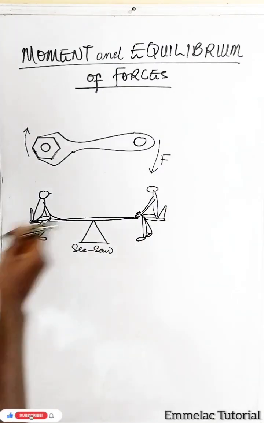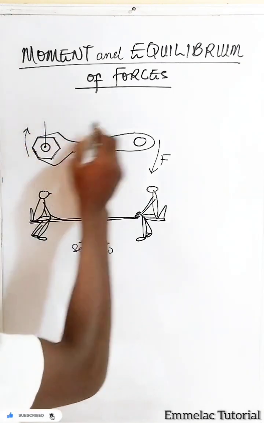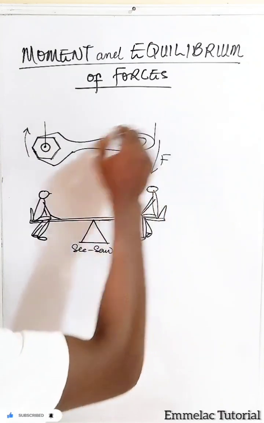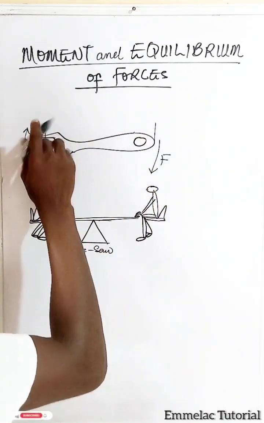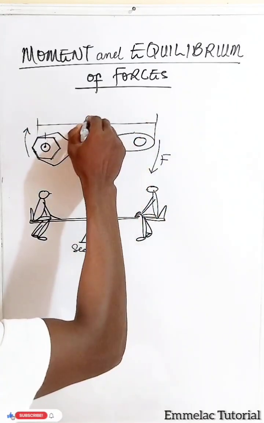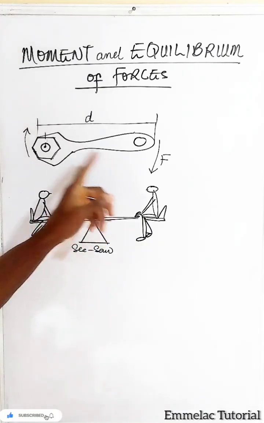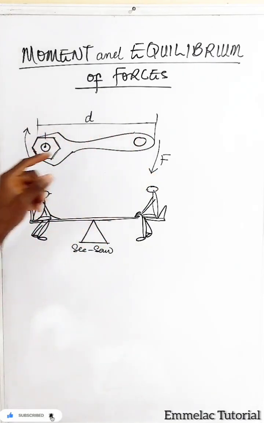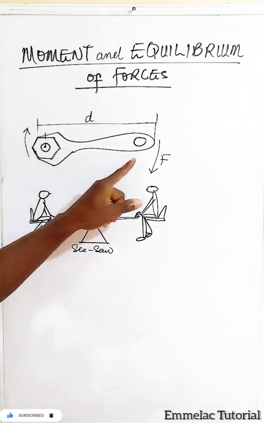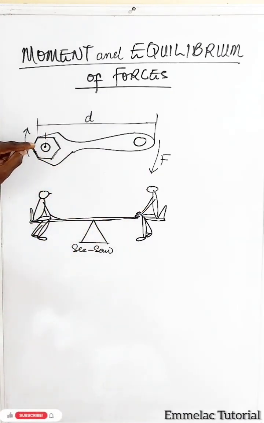Now take also the distance. The distance here, which is the length of the spanner, helps in the rotation of the nut.